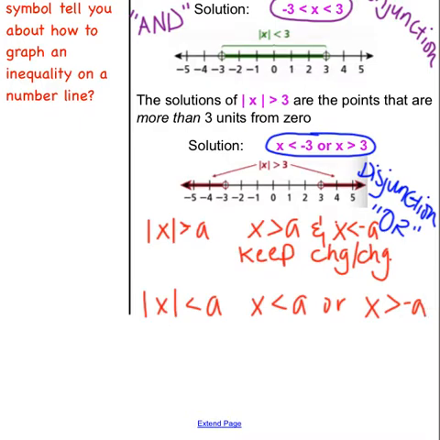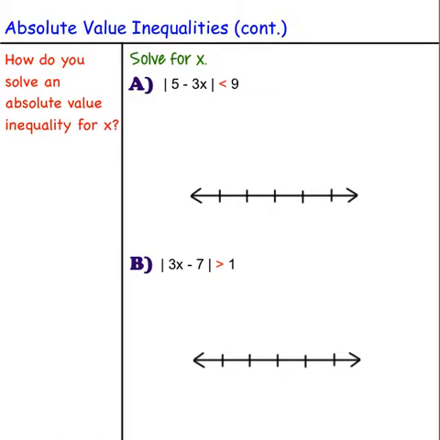Our first example we have the absolute value of 5 minus 3x is less than 9. If you remember what we were just talking about, this is going to be one of our and statements because of our less than sign here. So we know it's going to be and.